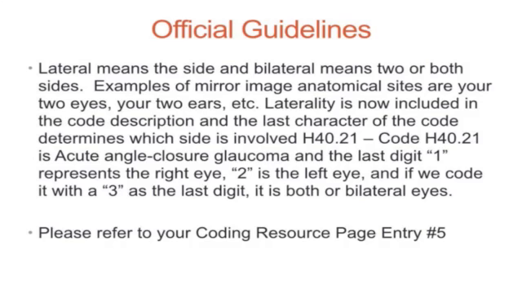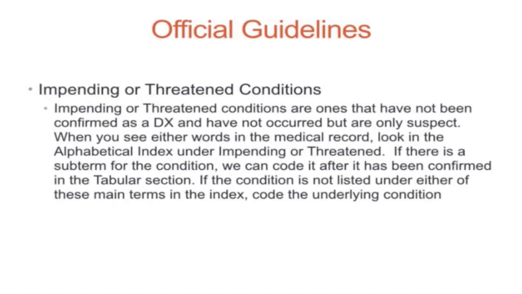H40.21 is acute angle closure glaucoma, and the last digit 1 represents the right eye. 2 is the left eye, and if we code it with a 3 as the last digit, it is both or bilateral eyes. Please refer to your coding resource page, entry number 5.